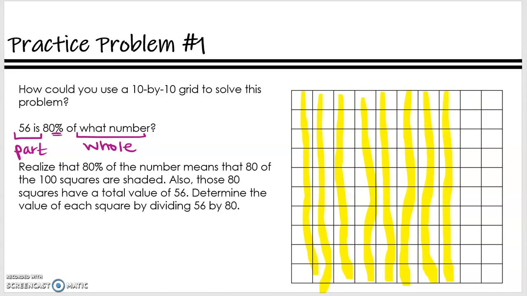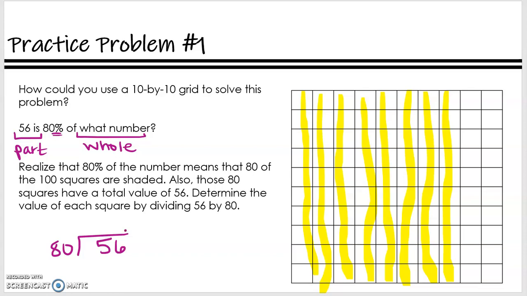Okay. We also know that these 80 squares all together have a value of 56. So if their total, the yellow, is 56, we can divide that by 80 to figure out how much each square is worth. Okay. Now, 80 doesn't go into 56, does it?